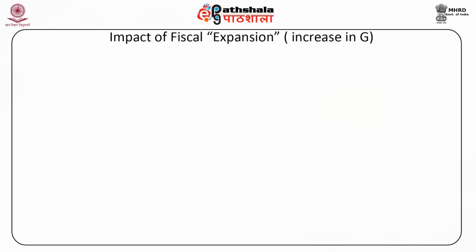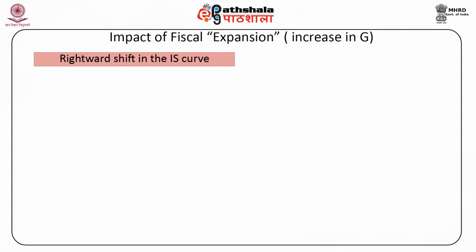Let us first consider the impact of fiscal expansion caused by an increase in G. It was seen in the previous module that a fiscal expansion causes a rightward shift in the IS curve. Thus, an increase in G will shift the IS curve to the right from IS1 to IS2 as shown in the figure.